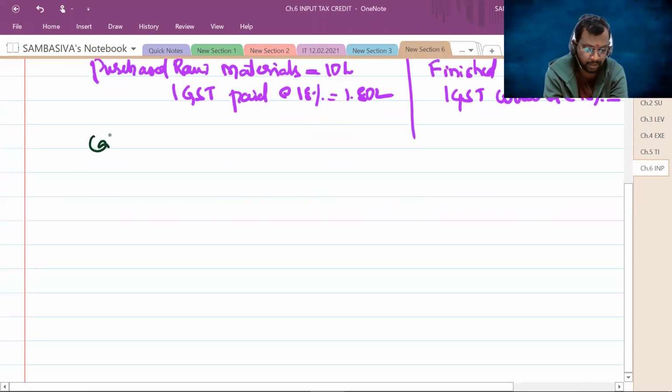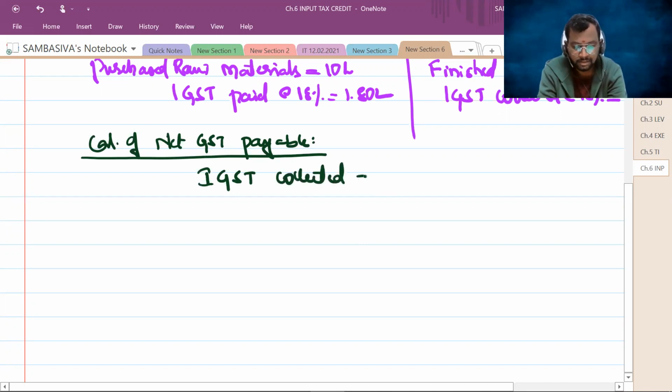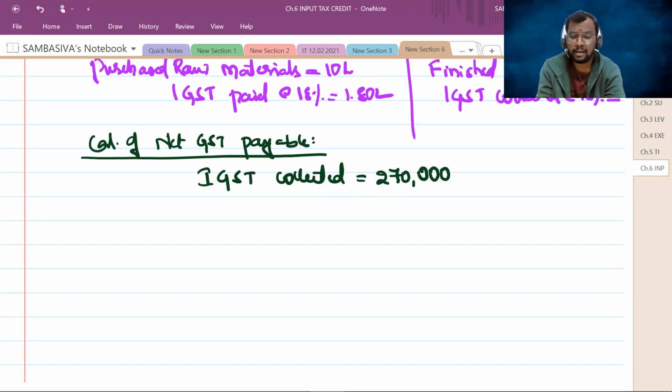Now, while calculating the net GST liability of this manufacturer, the calculation of net GST payable: IGST collected by selling the finished goods is 2,70,000. Is the manufacturer required to remit the entire amount of 2,70,000 to the central government?